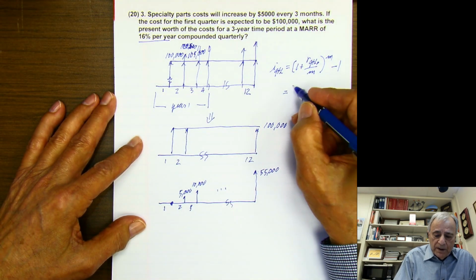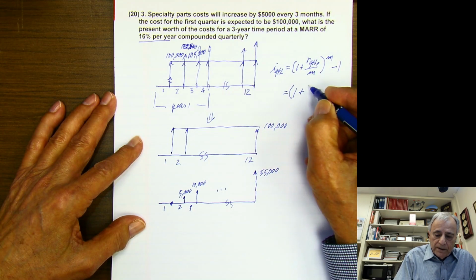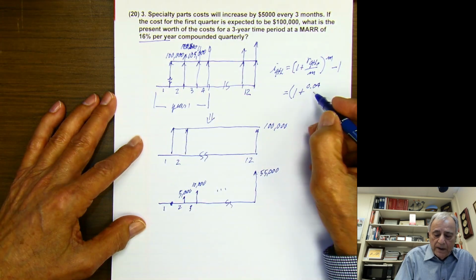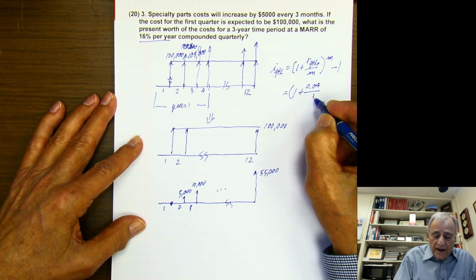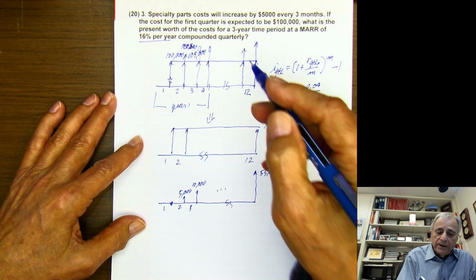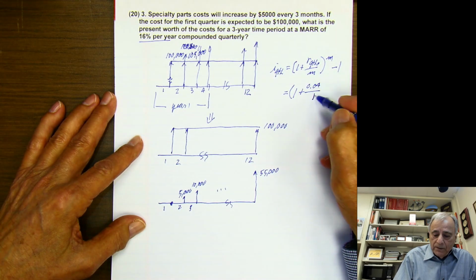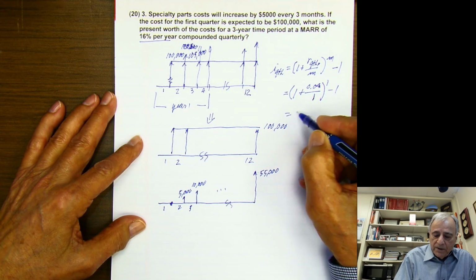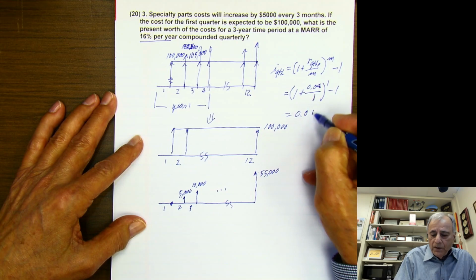So this would be 1 plus 0.04, 16 divided by 4, to the 1 divided by 1, because it's compounded quarterly. So this is the rate per quarter. This is the number of compounds in a quarter. And this ends up just being 0.04, which is 4%.